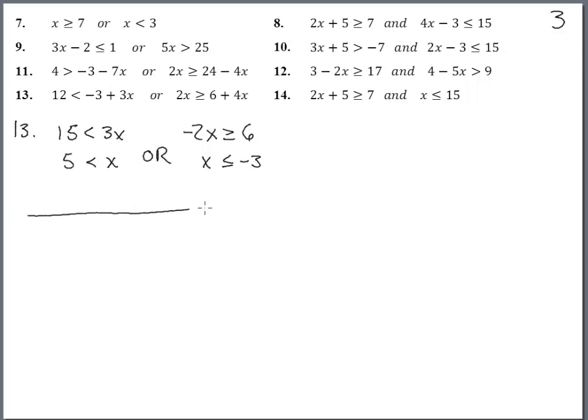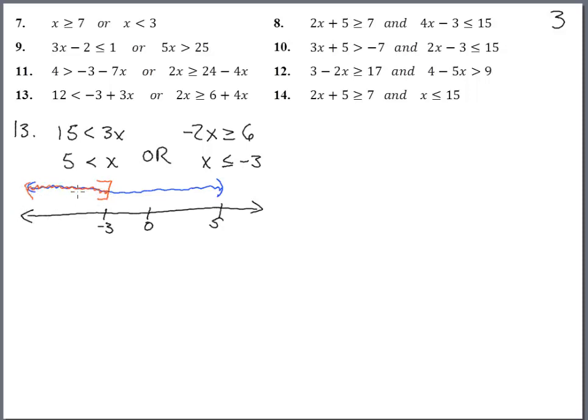So as we look at these, there's 0, here's 5, and here's a negative 3 in blue like this, and it goes all the way down there. We'll put x less than or equal to negative 3 like this.